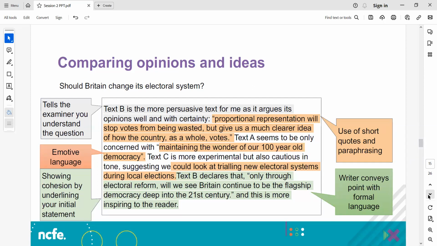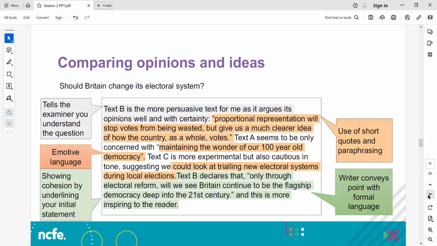Okay, and then the writer ends, we've got some formal language there in the quote and in the person who's writing the answer. So text B declares, so rather than just saying says, declares that only through electoral reform we will see Britain continue to be the flagship democracy deep into the 21st century, and this is more inspiring to the reader.